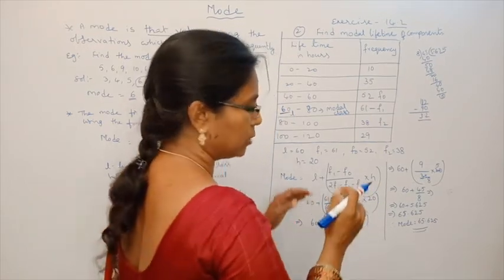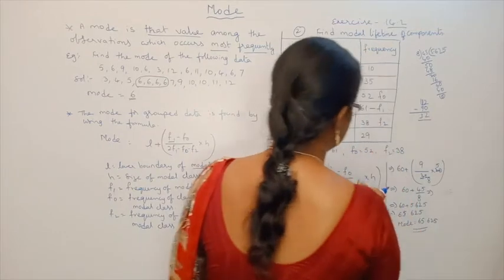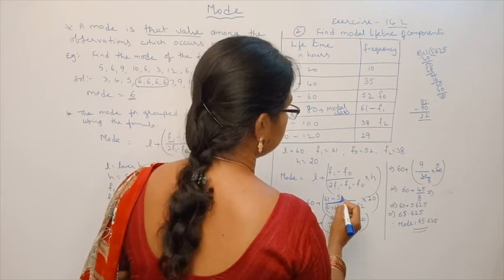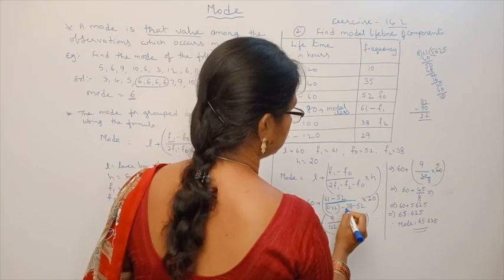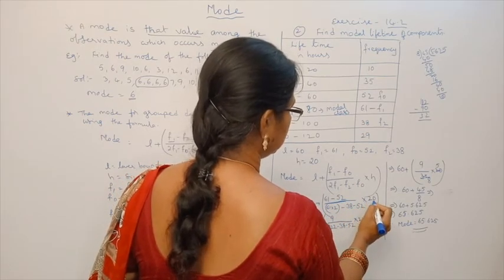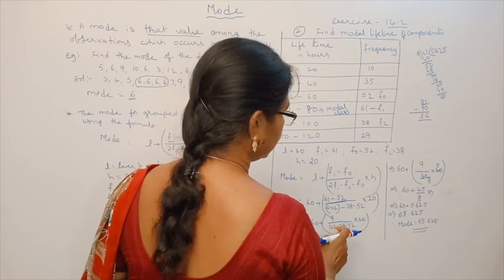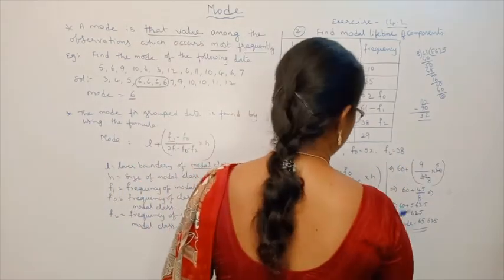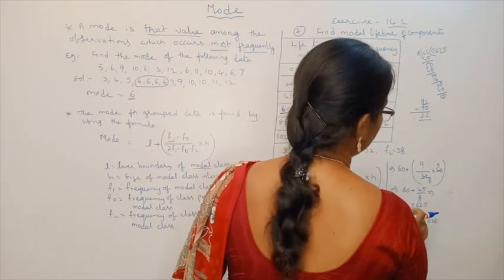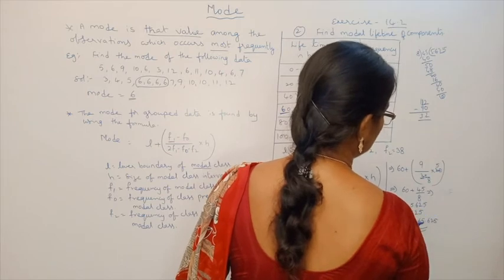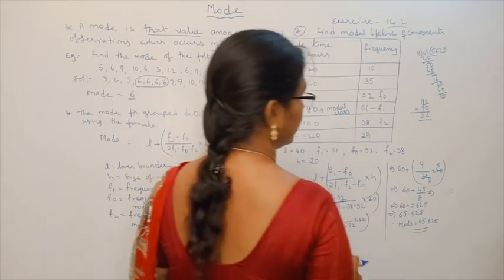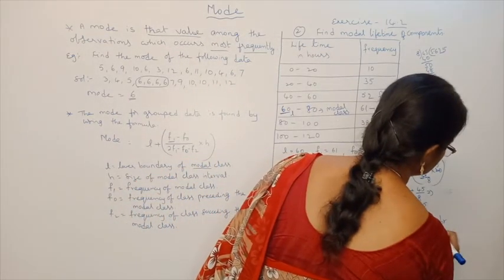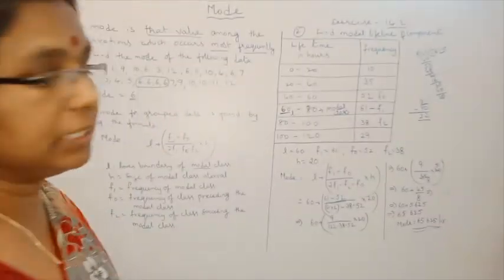First simplify the bracket, then add to L. Here 60 plus (61 minus 52) by (61 into 2 minus 38 minus 52) into 20. Now 9 by (122 minus 38 minus 52) into 20. We simplify this bracket and get 5.625. Then add to 60: 65.625. So the mode is 65 hours.